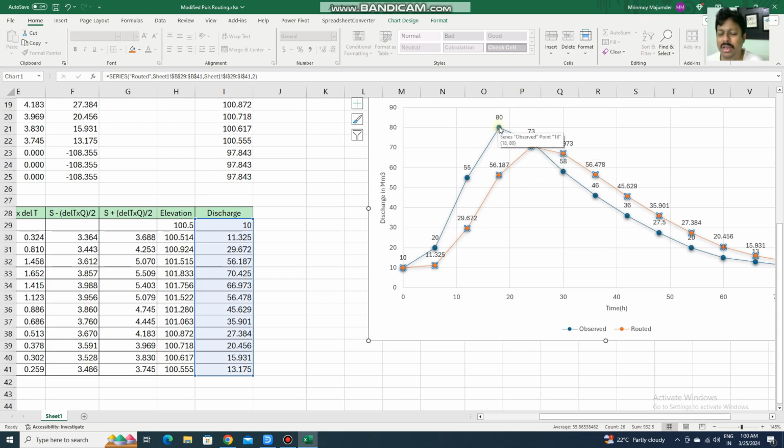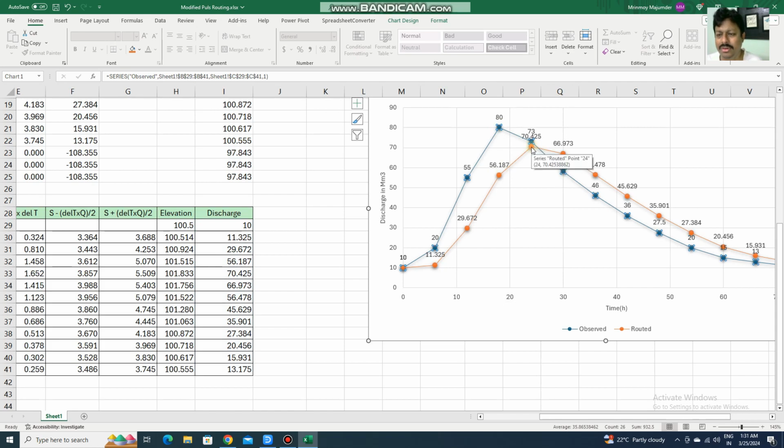Another thing to note is in the inflow hydrograph or the observed hydrograph, the peak was achieved at the 18th hour, correct? Whereas the peak of the routed hydrograph was achieved at the 24th hour. Just drop a perpendicular from 80 to the x-axis, you get the time taken to reach peak.